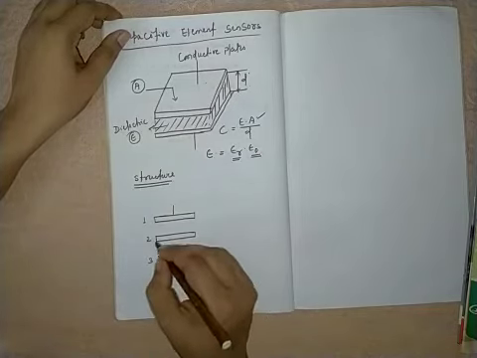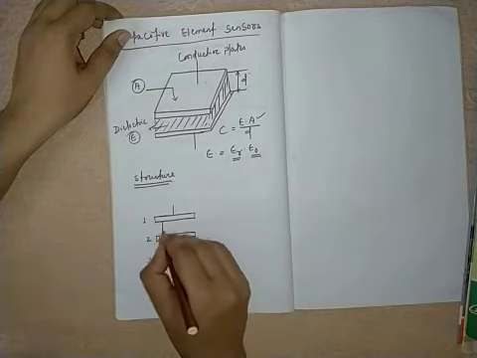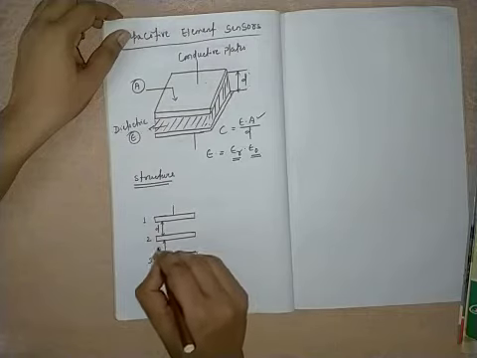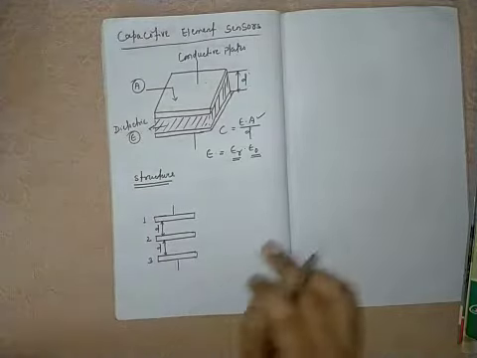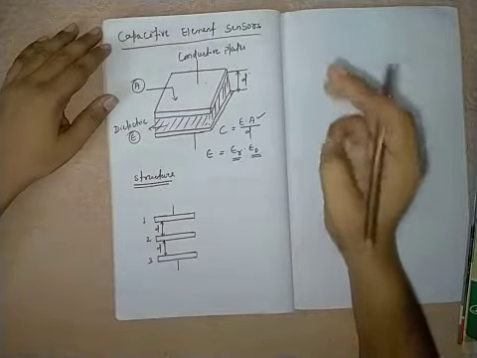All the plates are equally spaced, having distance d, and the dielectric is filled in between the plates. So it consists of 3 plates.